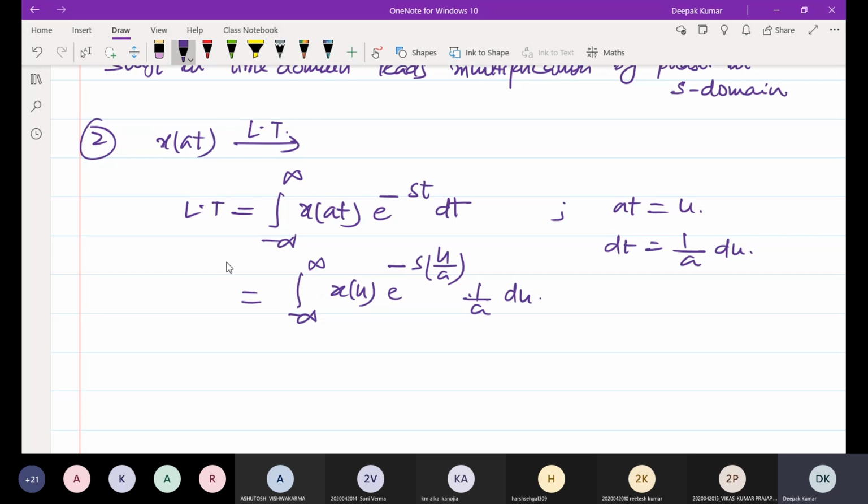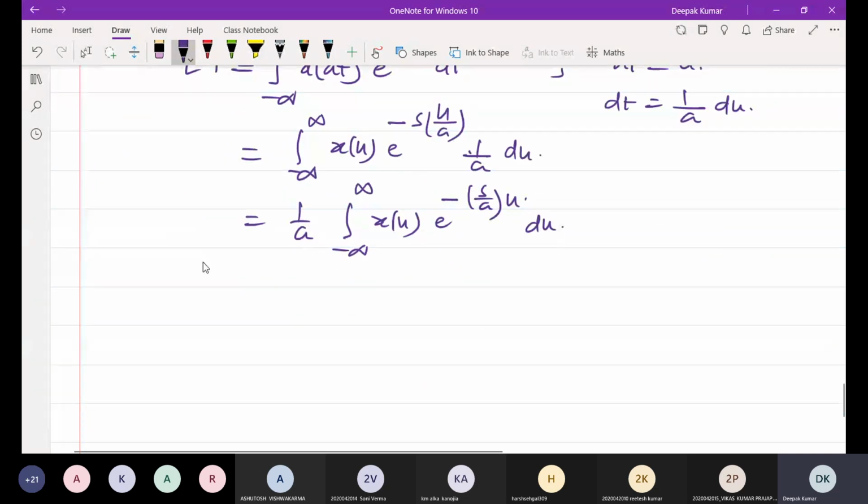Correct? So this 1 by a is constant, keep it outside, integration from minus infinity to plus infinity, x of u e to the power minus s by a into u du.